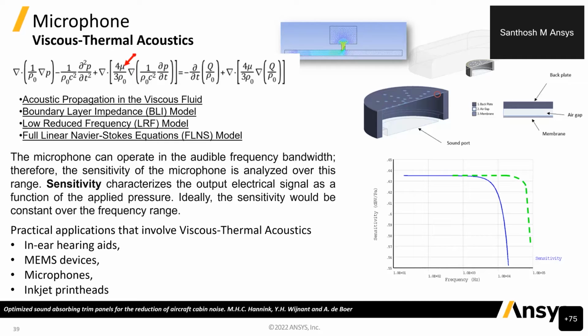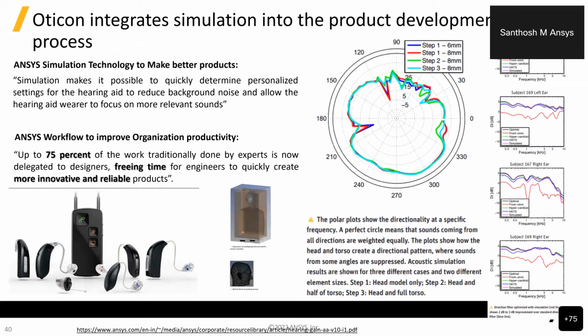For that, in Ansys, we have many semi-empirical models, as well as the linear full Navier-Stokes equation that can be used to study the acoustics of micro devices like hearing aids, microphones, inkjet printers, and so on. Here is an example. Acoustic is a hearing aid device designer and developer from Australia.